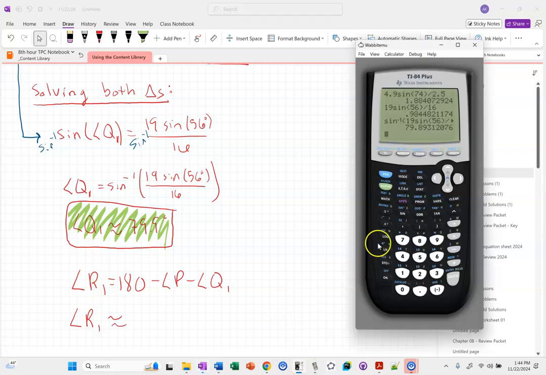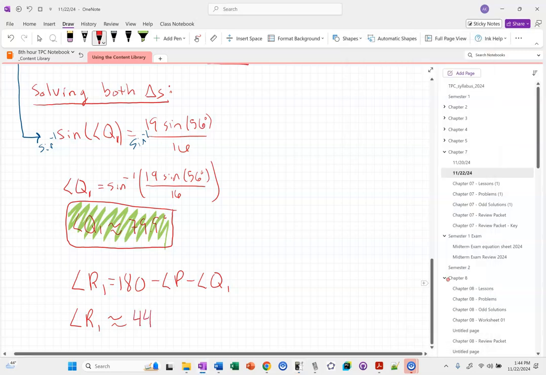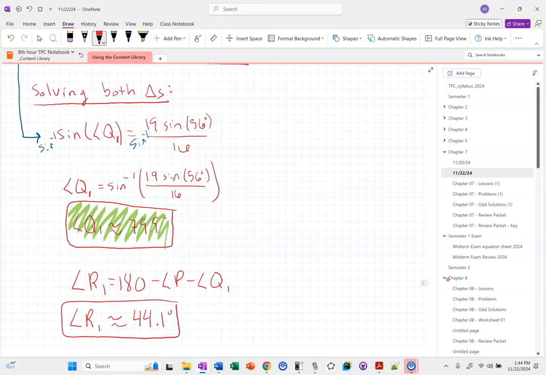Notice that I'm not putting a subscript on angle P. Angle P is a given. Angle P is a part of both triangle 1 and triangle 2. So I get 44.1 for angle R1. Everybody okay to there?